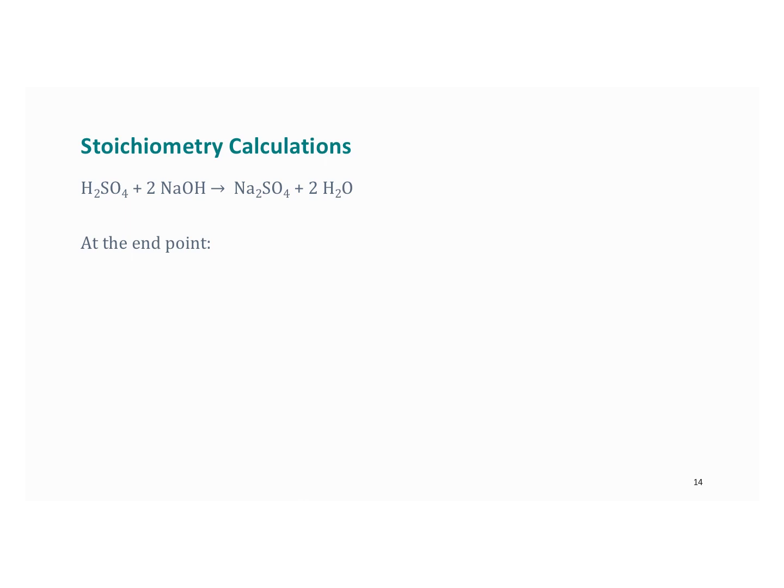Now, we can write that at the endpoint here, the number of moles of H2SO4 that we used is going to equal the number of moles of NaOH divided by 2, okay?